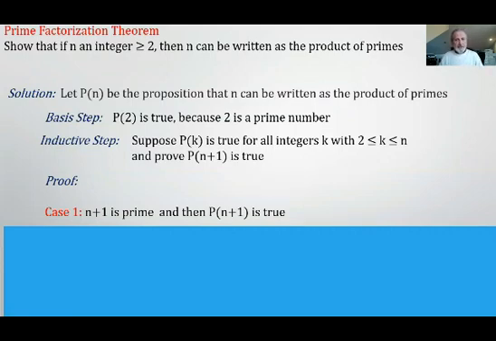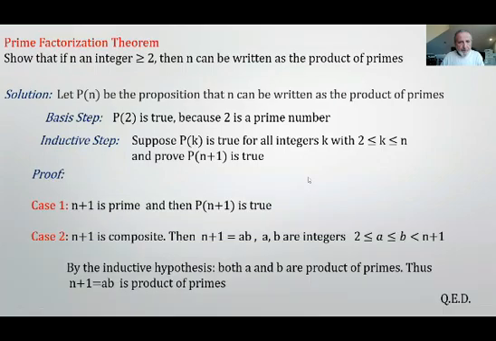If n plus 1 is prime, then there's nothing really to prove because it's already written as a product of primes. Now, if n plus 1 is composite, then n plus 1 is the product of two integers, a and b. Each one of those, a and b, is less than or equal to n.